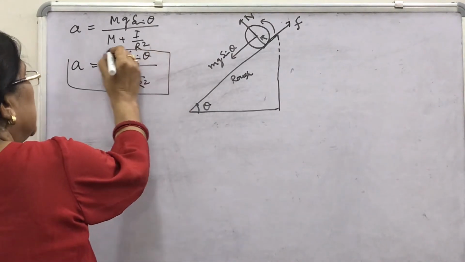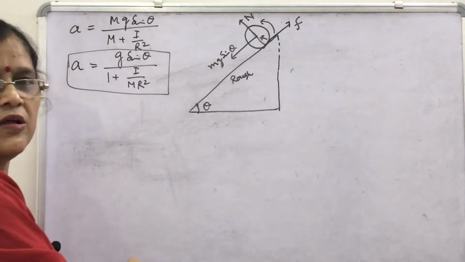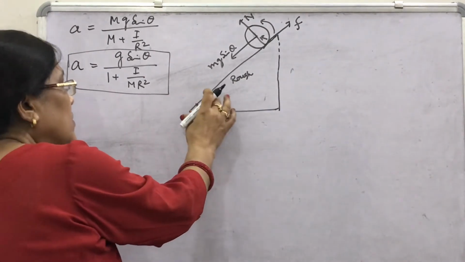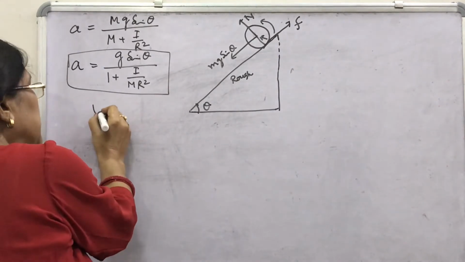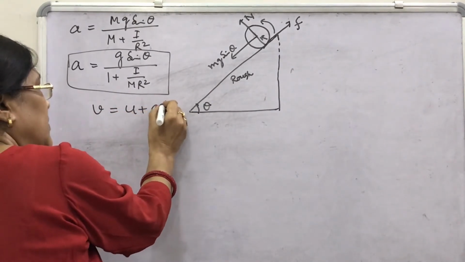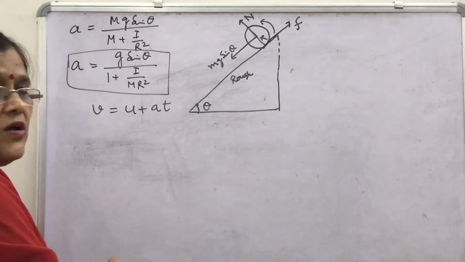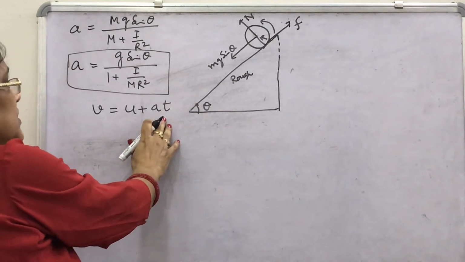Since this acceleration is constant at the plane, for constant acceleration we can use the expression v equal to u plus at. You know this expression for constant accelerated motion, the equation of motion.